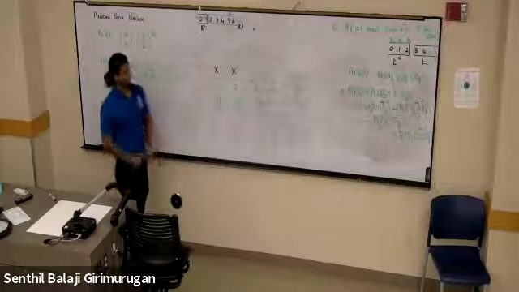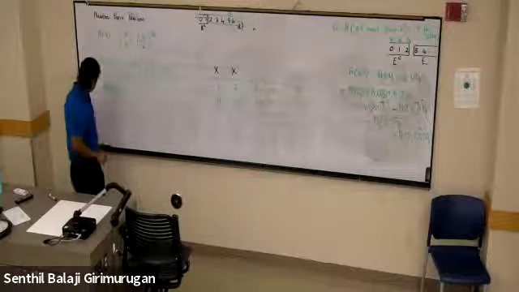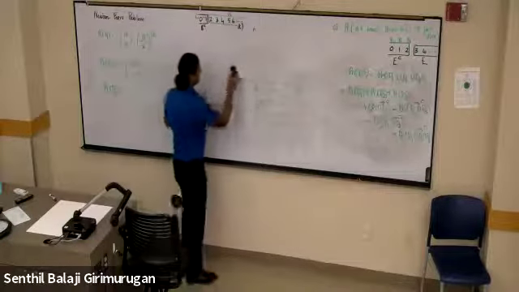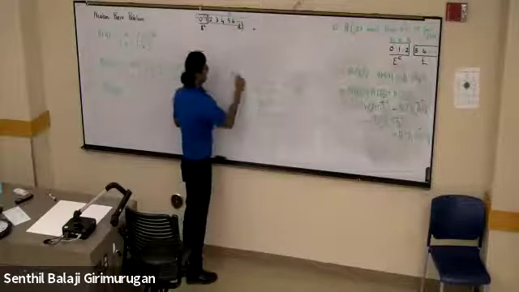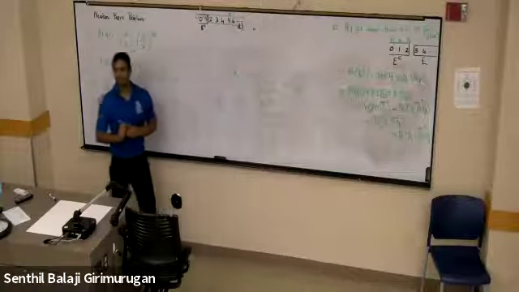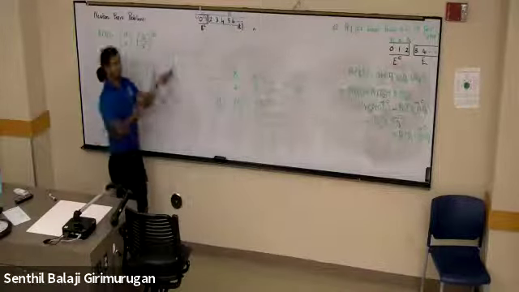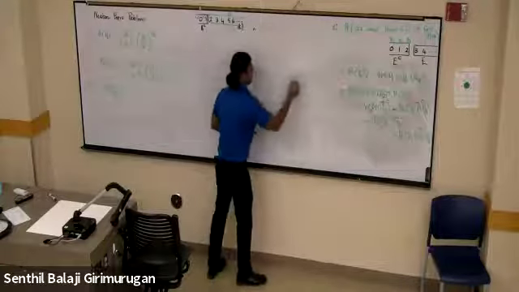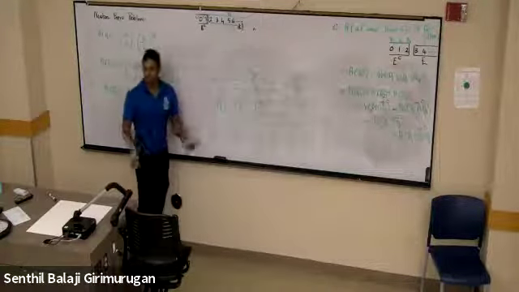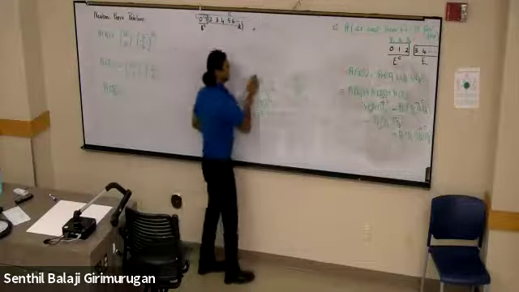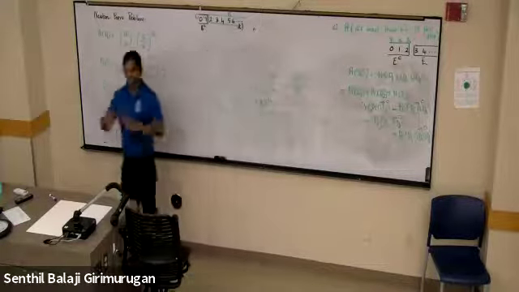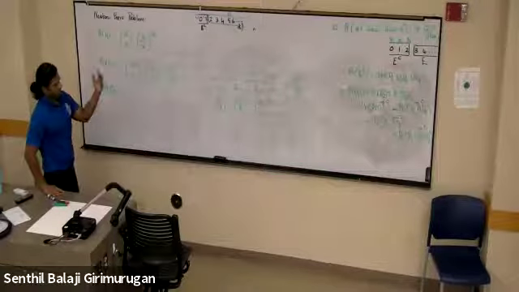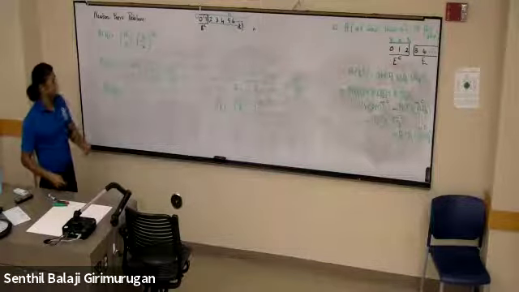Right? Now, what is another possibility? I could move this and write it as XX. Right? That is also a possibility. I could move this again and write it as XX. That is also a possibility. I can move this and write it as XX. Also a possibility. So how do we find the number of ways?